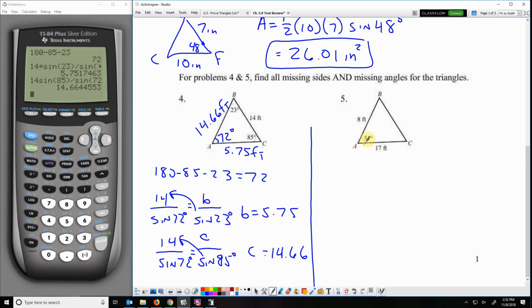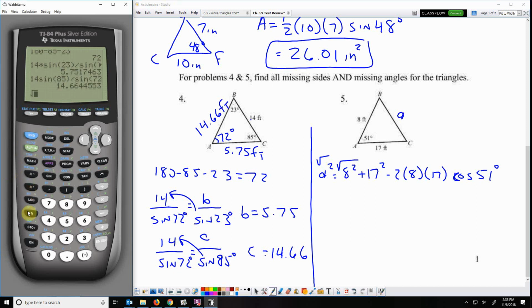So with law of cosines, this is the angle I have, so opposite that is the side that I can find. So I can do a squared equals 8 squared plus 17 squared minus 2 times 8 times 17 times cosine 51. To get a by itself, all I have to do is take the square root. And what I need is the positive square root.